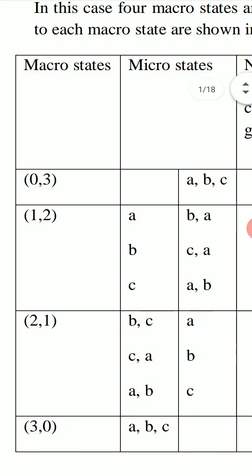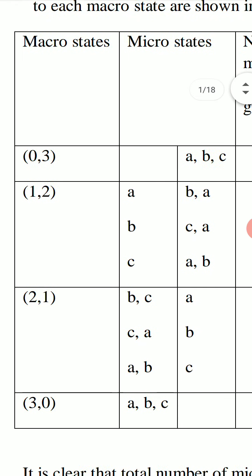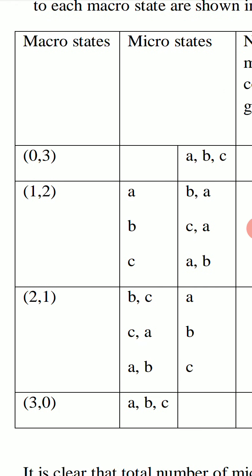And in next column we write microstates. In macrostate we write only the number of particles in each box. And in microstates we describe which particles are in first box and which particles are in second box.